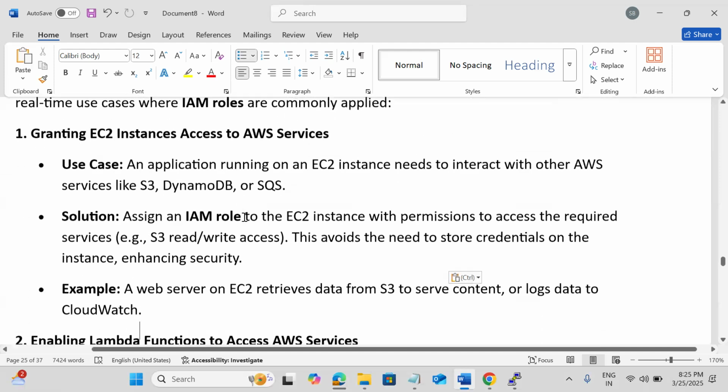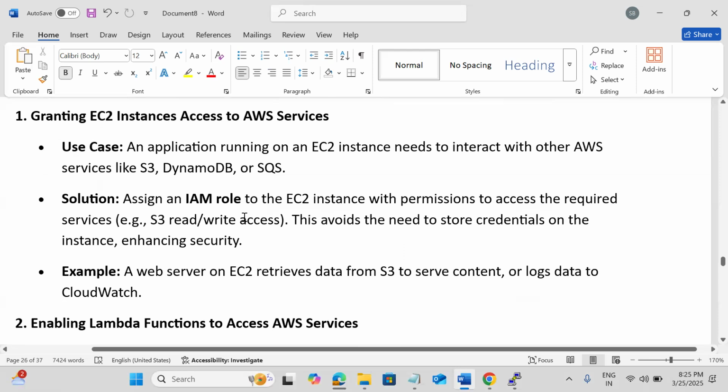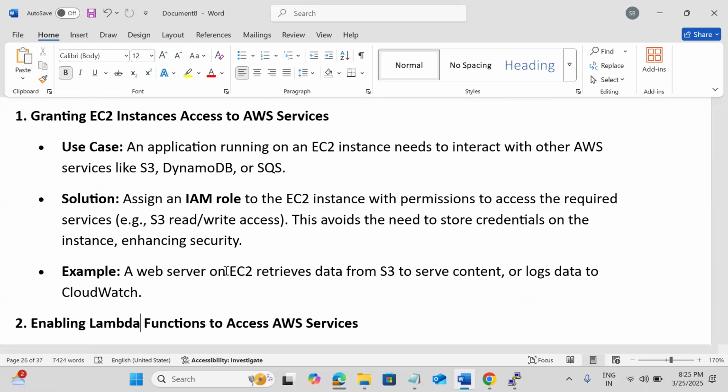We have already discussed most of the use cases. Now we have a web server running on EC2. That application wants to retrieve data from the S3 bucket, or store all the log data to CloudWatch. Then for EC2, for the S3 bucket and for CloudWatch, I need to give the appropriate permissions.